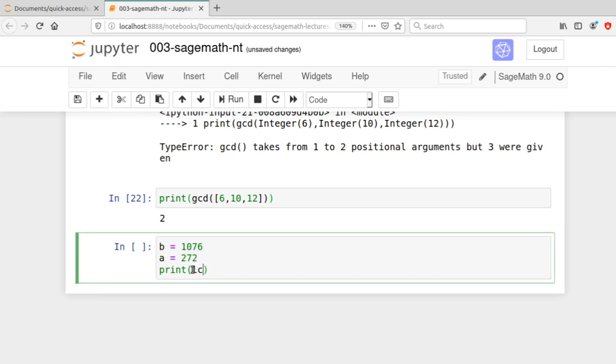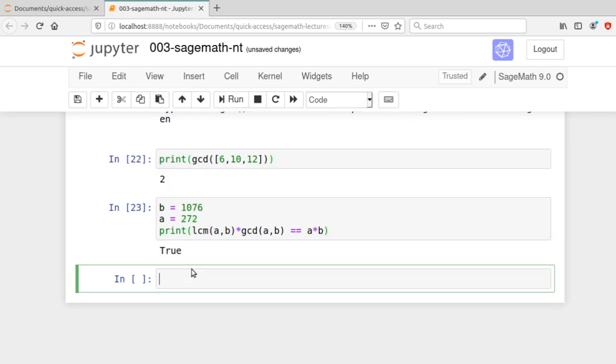Let us see LCM of A, B star GCD of A, B. Is it equal to A star B? That's the question. SageMath says that it's true. So SageMath has verified that LCM times GCD is equal to the product of the numbers, at least in this case.